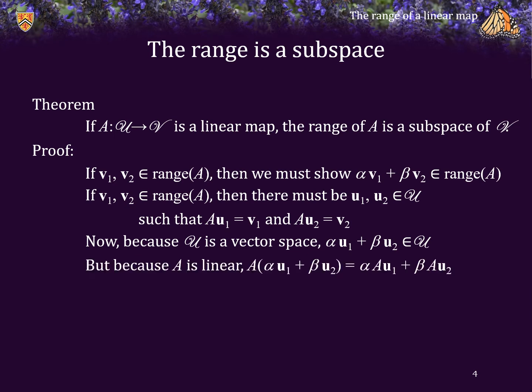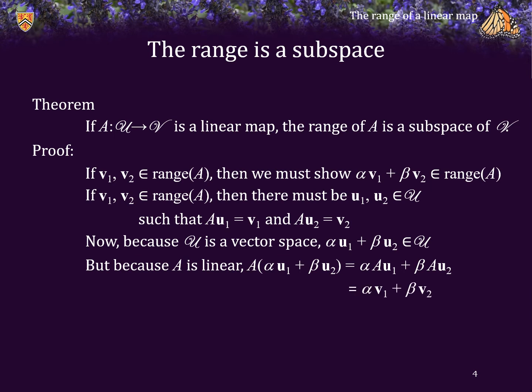But wait a second, A is linear. So if we now apply A to that linear combination, because A is linear, A applied to that linear combination is equal to that same linear combination of A applied to each of the vectors.